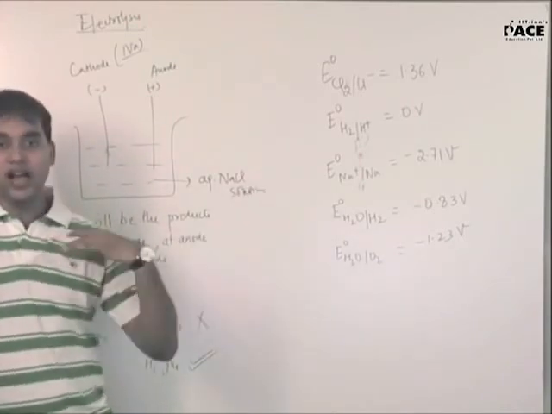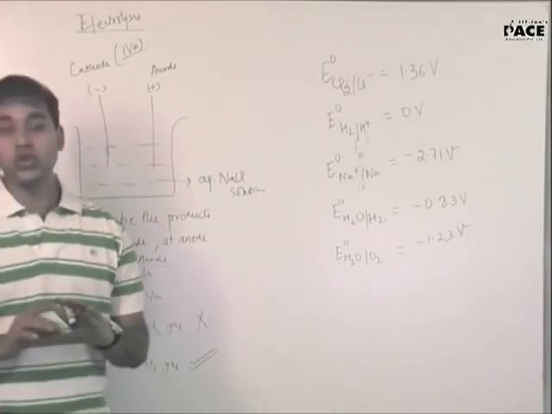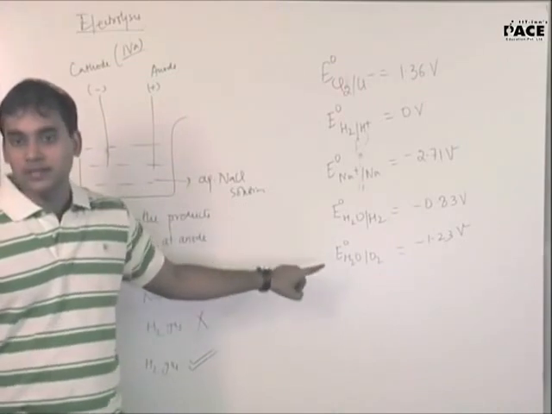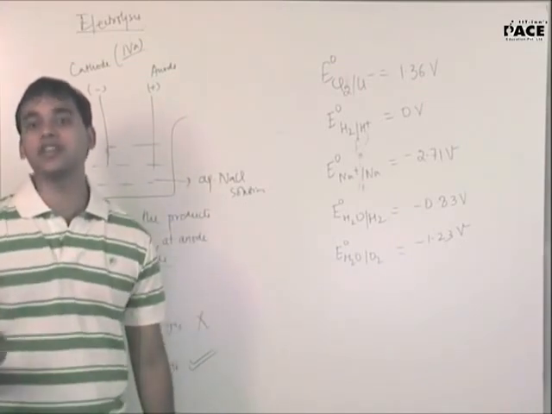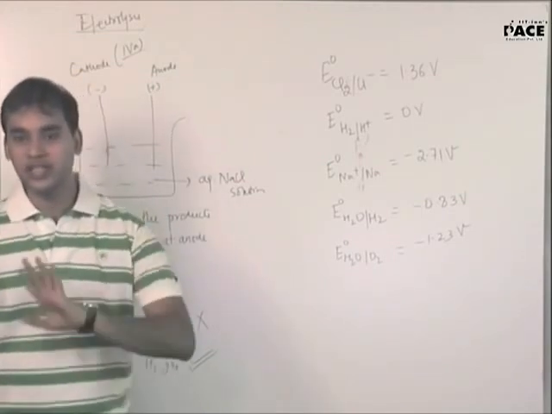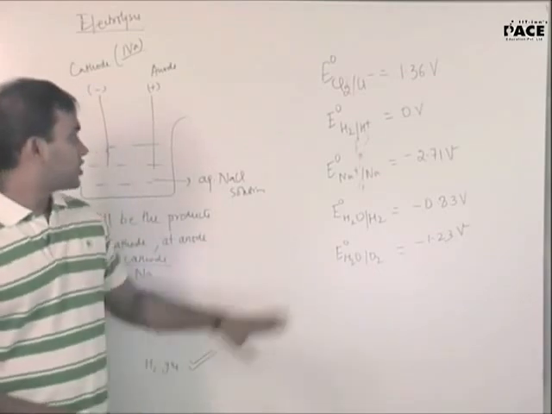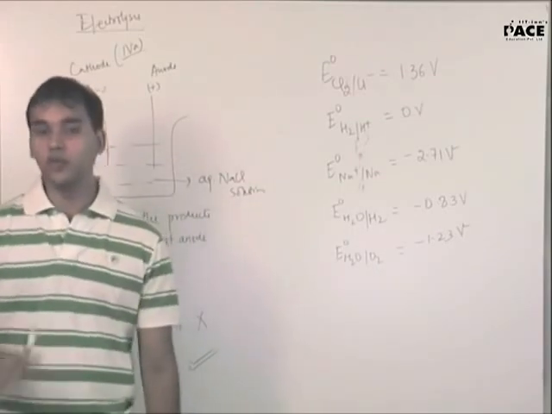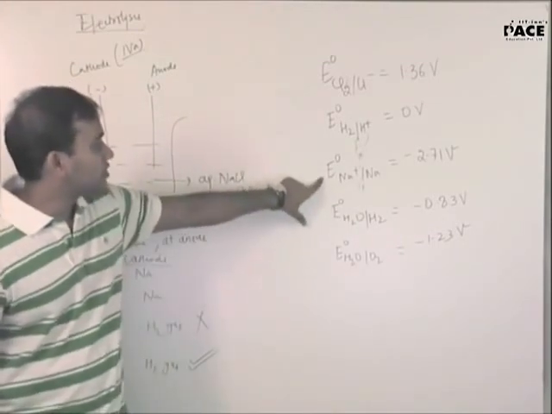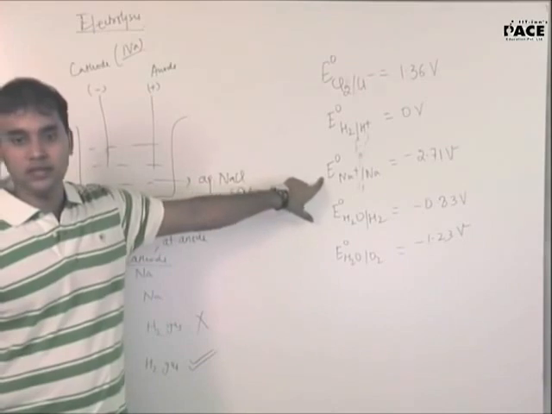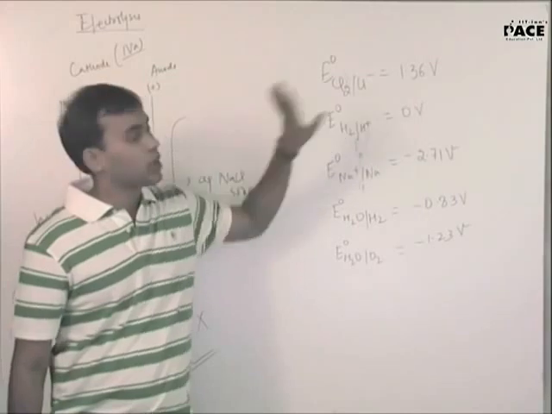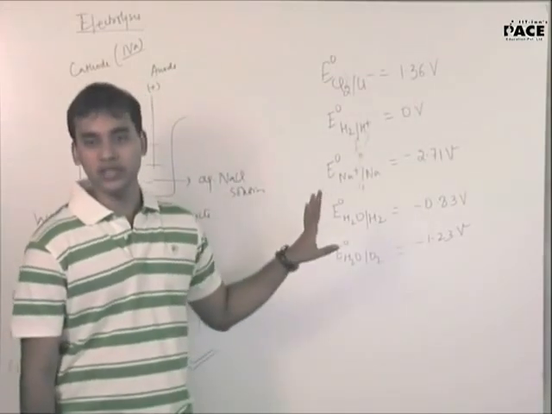See, the reduction. I know that you know the answer, but you should know the right explanation. Okay, they have given you all the potentials. We just studied what is SRP, what is SOP. So at anode, what is going to happen? Oxidation. Okay. If suppose there was no water present, then there was no problem. Why? Because you can see SRP of this is minus 2.71 and SRP of this is plus 1.36.